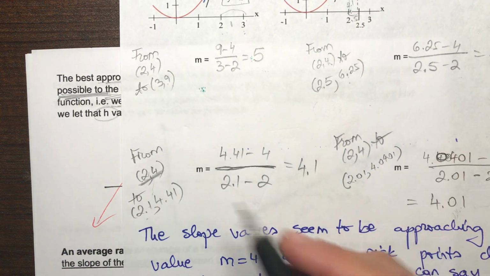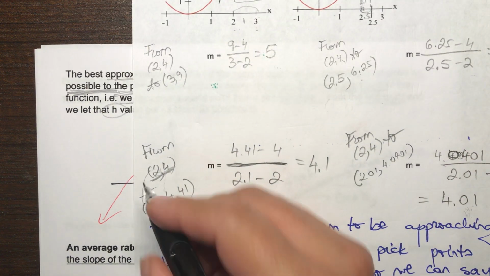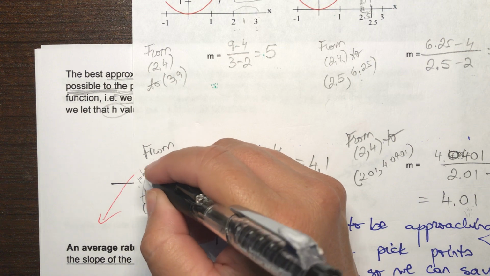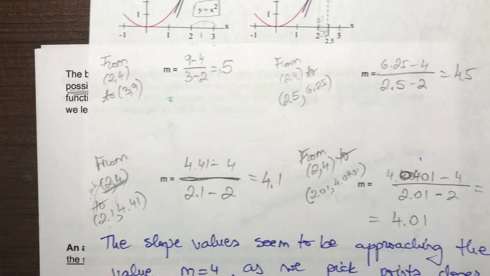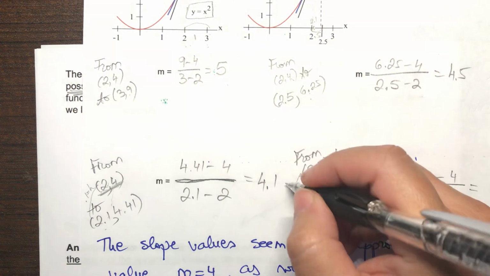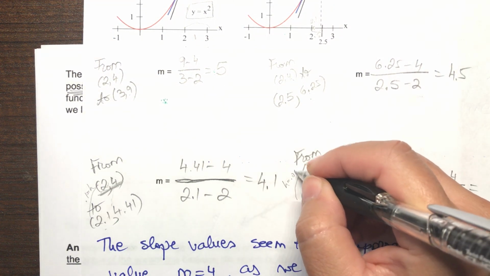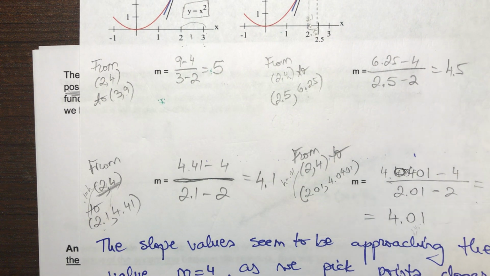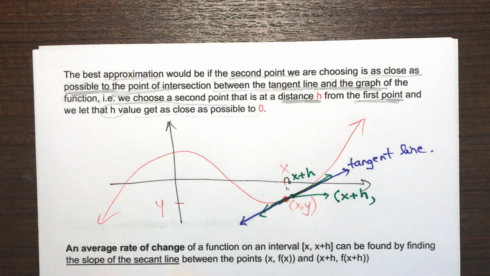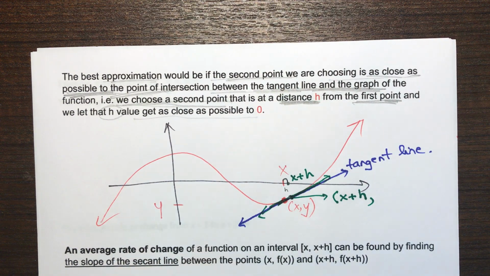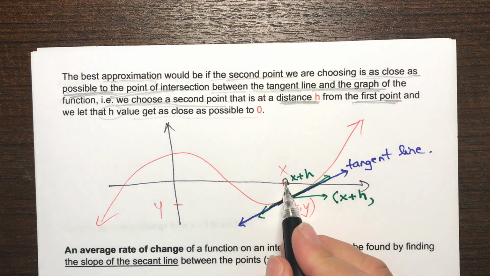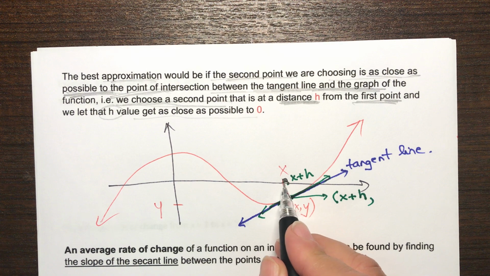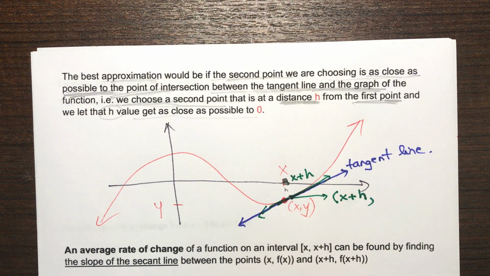So again, the distance h from 2 to 2.1 was just 0.1 unit. And then we said I can even make it better if I make that distance from my initial point to my next one just 0.01. And of course I could have gotten better with 0.001. So this is what h is. h is the distance between my initial point and the second point I'm choosing. So that's just an h distance, all right?